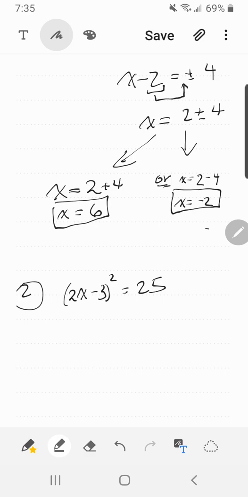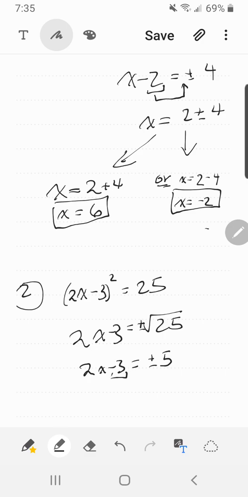So now that we have that, we're going to do exactly what we did before. So this is going to be the square root of 25, and it must be plus or minus. And so we have 2x minus 3 left over.